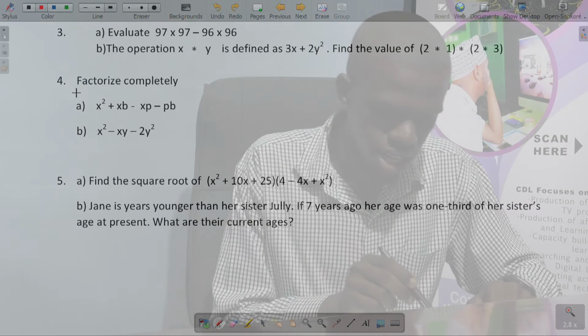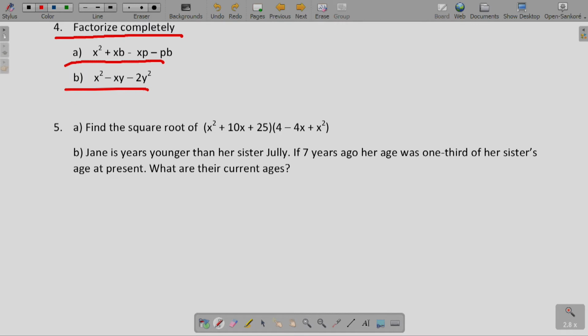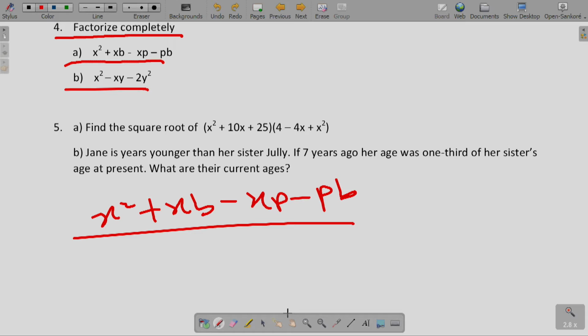Fourth question. Factorize completely. We have two algebraic expressions. We have to factorize them completely. Let's start with the first one. We have x squared plus xb minus xp minus pb. So this is a four-term expression.